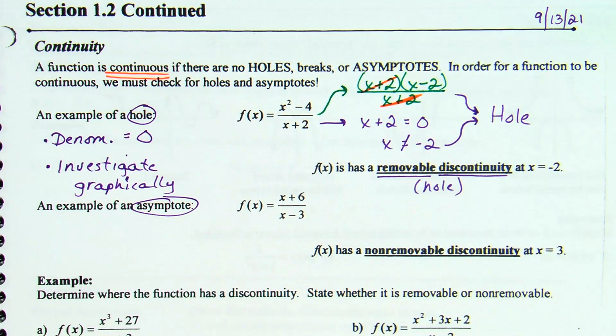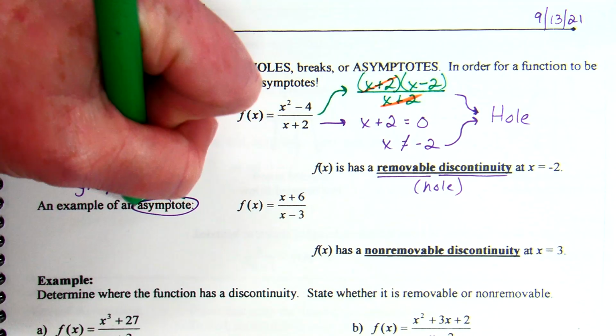Okay. Now, let's check out this next one. In order to find if it was a hole, we set the denominator equal to 0. We saw what happened there, and we investigated graphically. Same thing is going to be true for an asymptote.